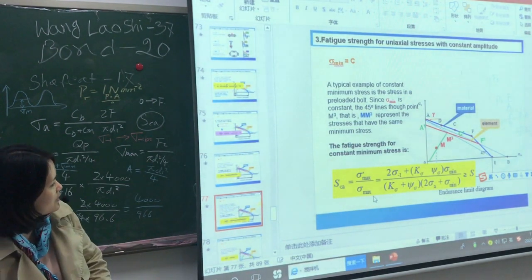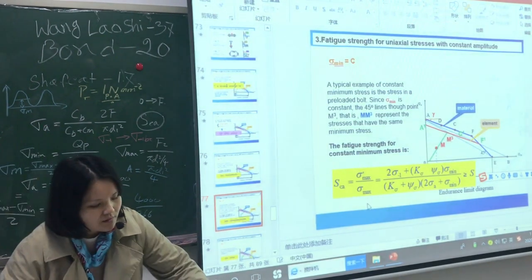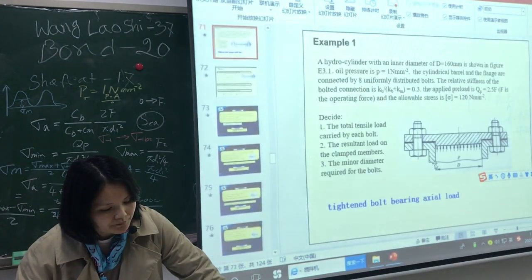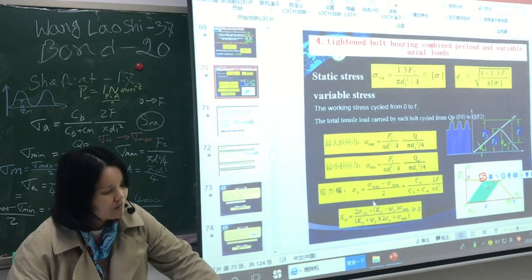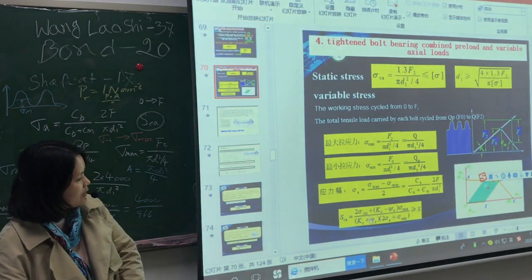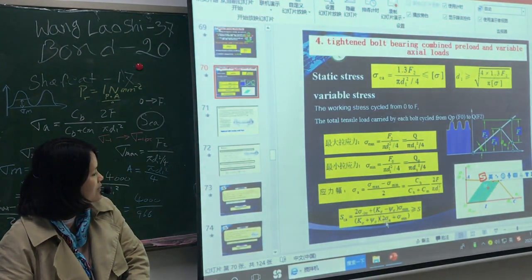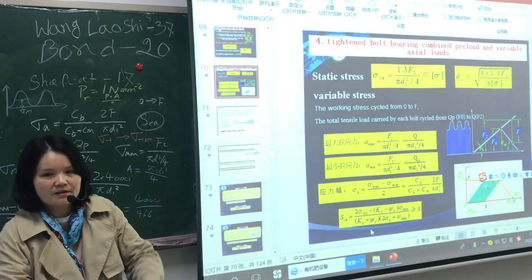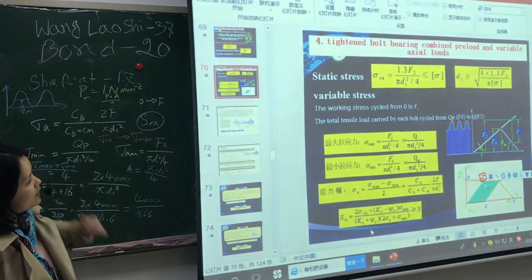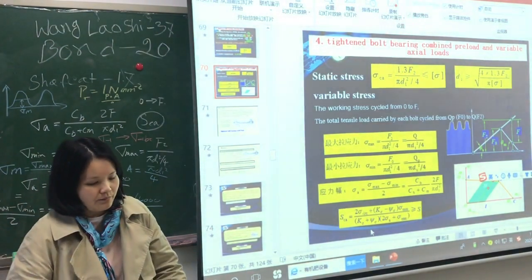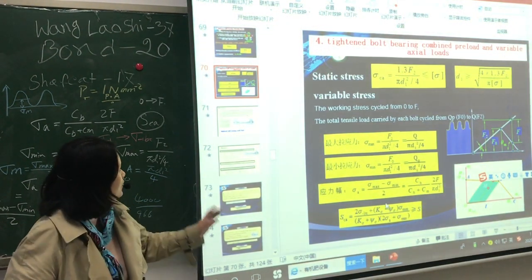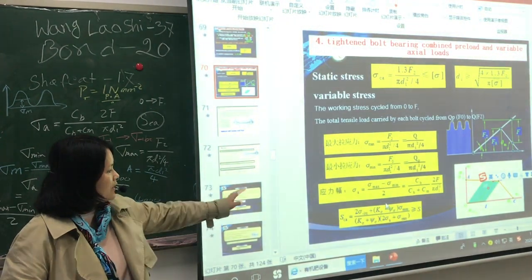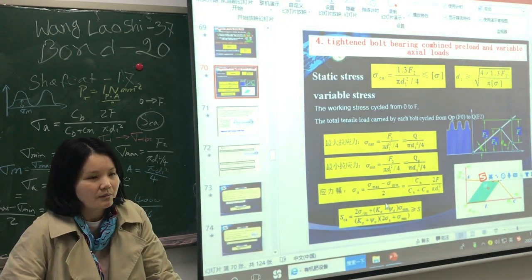So we can use this condition, or use this equation to calculate the SCA. And this is the stress of the bolt. We have several conditions to calculate the stress of the bolt.